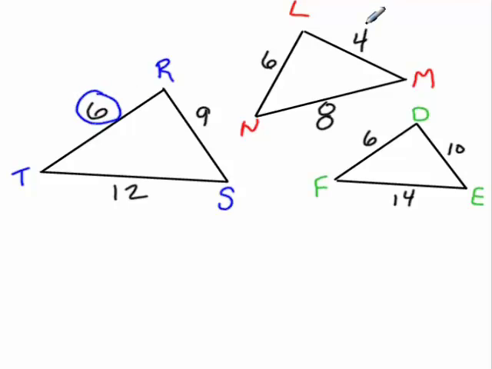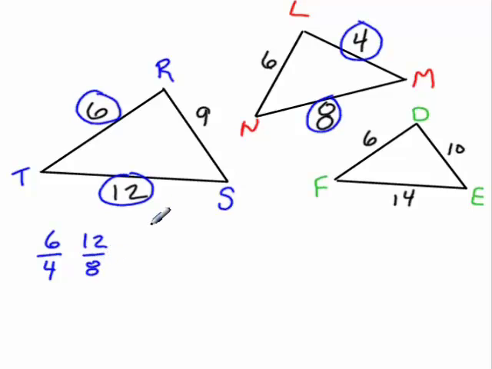Let's set it in a ratio with this smaller one, 6/4. Then we take the largest one here with this largest one, so that's 12/8. And then we have the leftovers. We want to see if they are indeed proportional, so we set it up as an extended proportion.